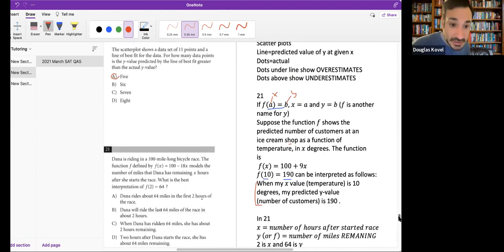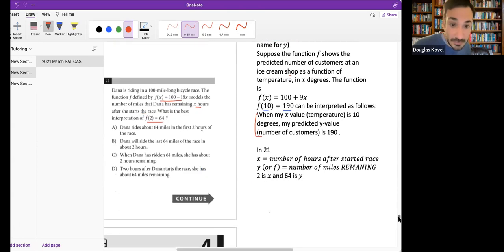So it says here, Dana is riding in a 100-mile-long bicycle race. The function f defined by f of x equals 100 minus 18x models the number of miles that Dana has remaining x hours after she starts the race. So they want to know the best interpretation of f of 2 equals 64.